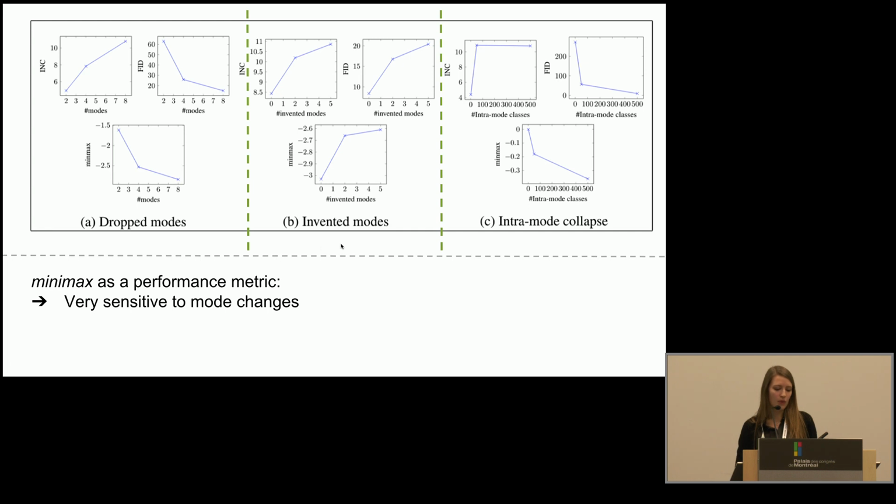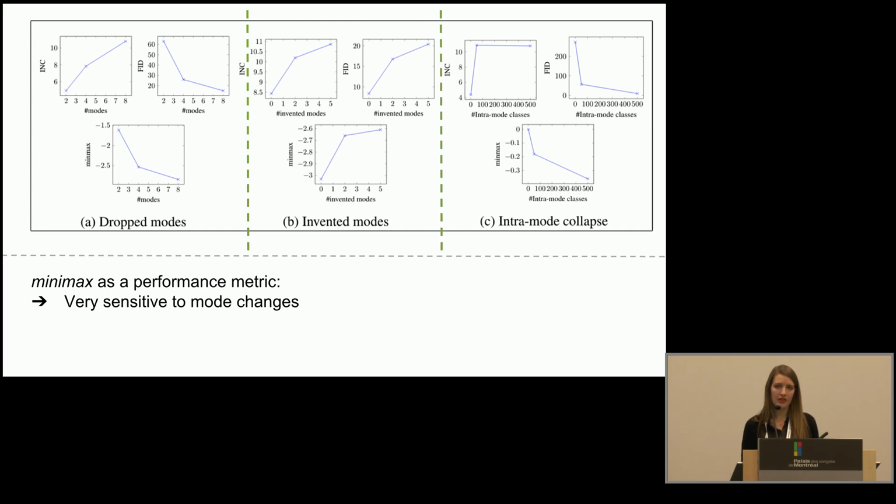In the middle, we have invented modes. So we put some modes into the generated samples that are not present in the real samples. We can see that this is captured by minimax and FID, but it's not captured by the inception score. And finally, with C, we have intramode collapse, which measures how much variation you have between the generated samples within one particular class.